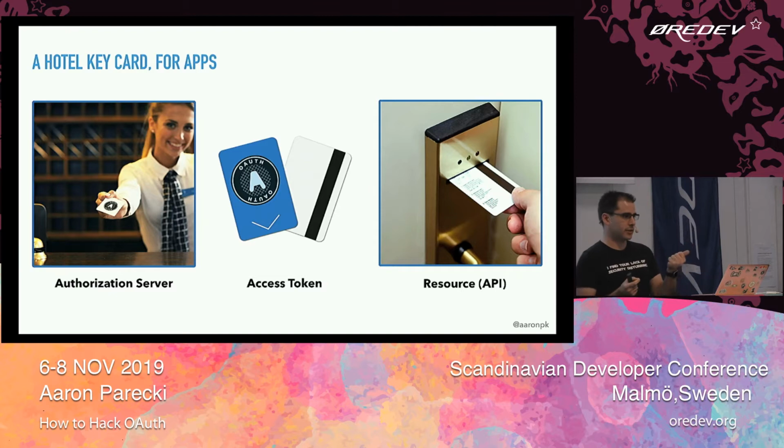It just needs this access token that has a little bit of data encoded in it that says this key can open the door. So this is exactly analogous to OAuth, where an access token doesn't necessarily represent a user, it just represents access to data. That's a really important point that we need to keep in mind as we're talking through these examples.